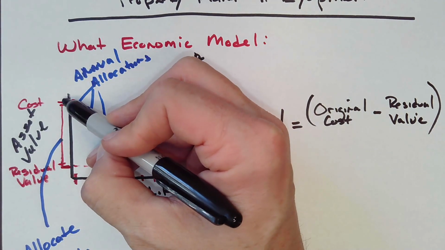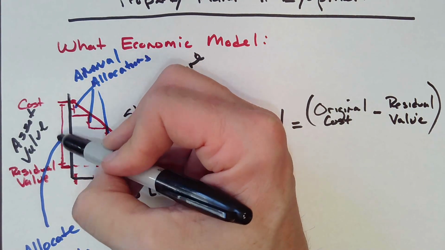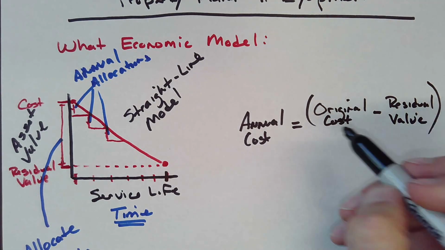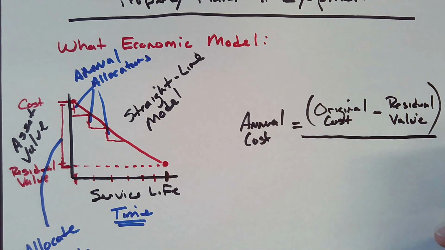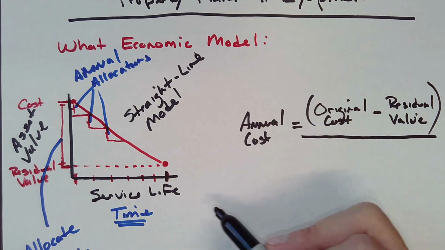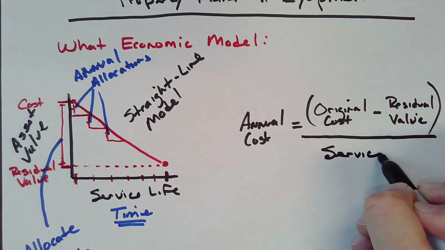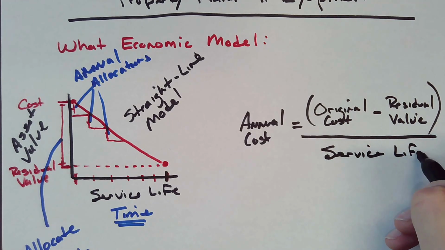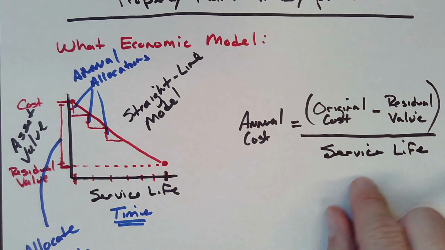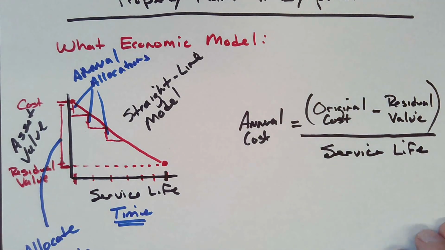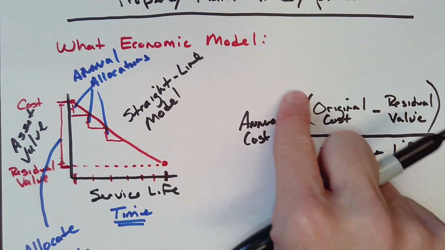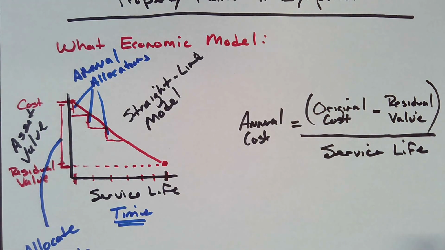The original cost minus the residual value, that's how much I'm going to allocate, divided by the service life. In this case, I used time, or years. And that's how I calculate how I'm going to allocate this cost.